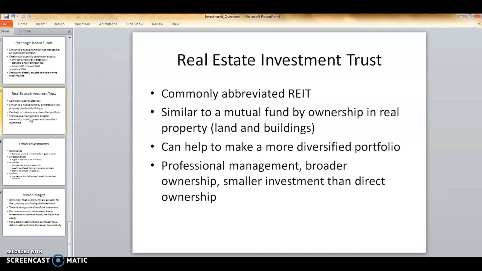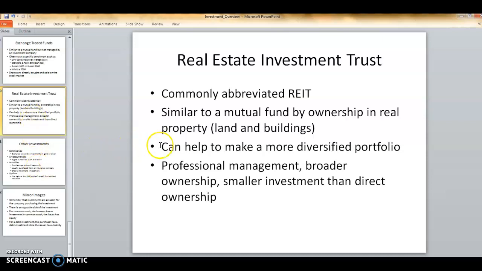It can help you make a more diversified portfolio. So you might want to have some common stock or some mutual funds, some money invested in a real estate investment trust, some short-term investments, and maybe some bonds as well.